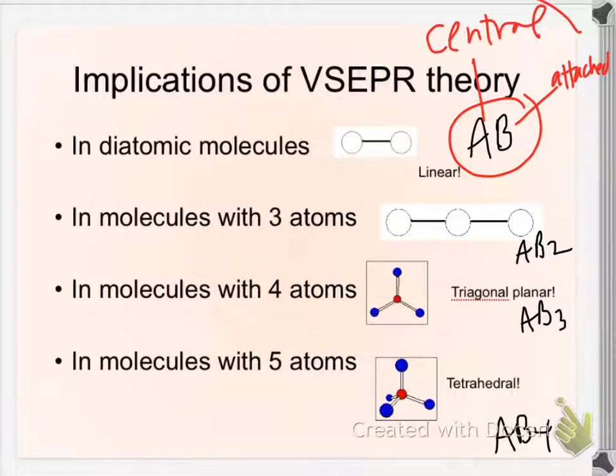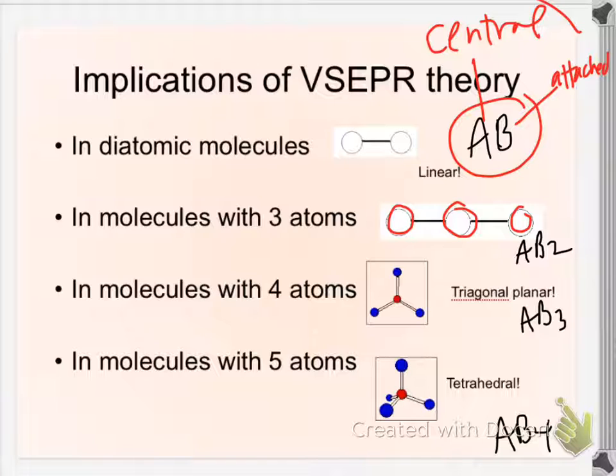So everything has an A. Some things have 1 B. Some things have 2 Bs. So here we have 1 central atom and 2 things attached to it. We have an AB2. And a straight line is as far apart as those things can possibly get from one another. So whatever electrons are on this thing are going to be as far apart as possible.